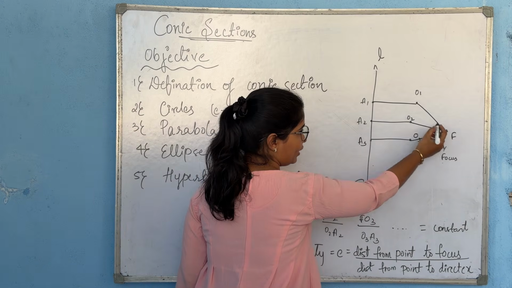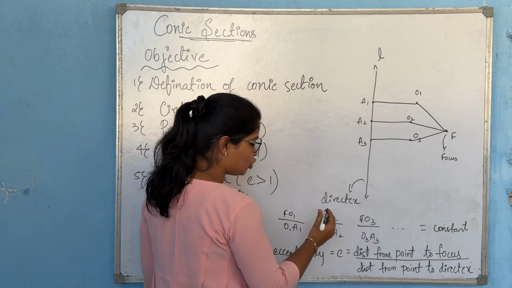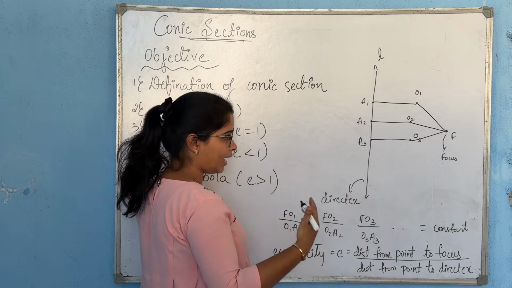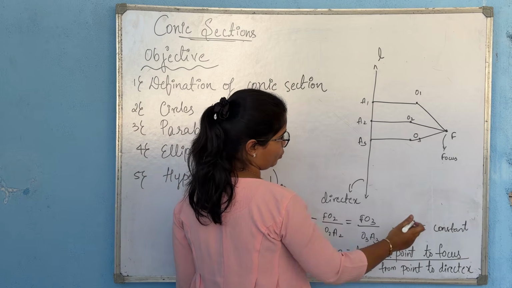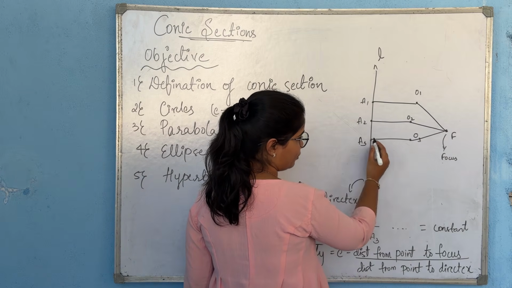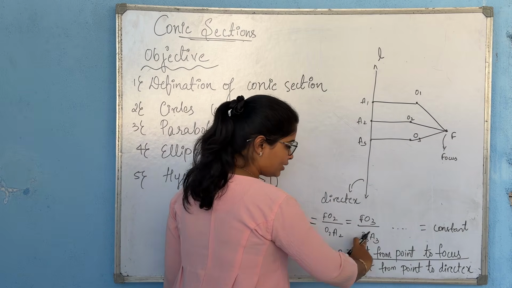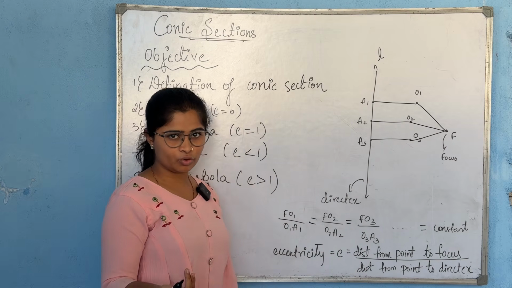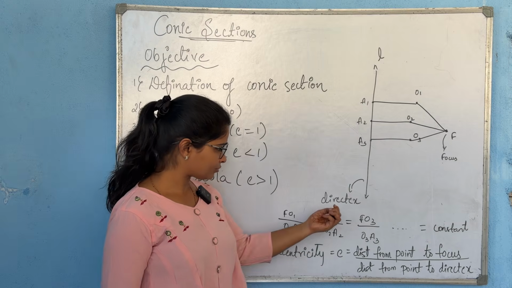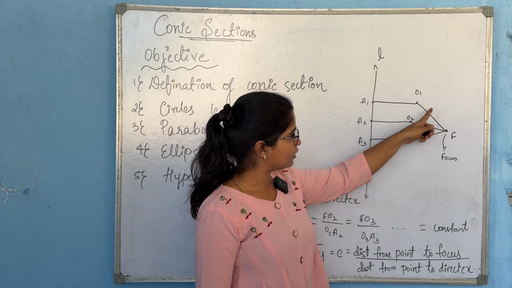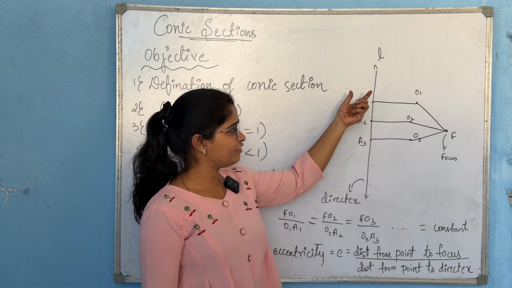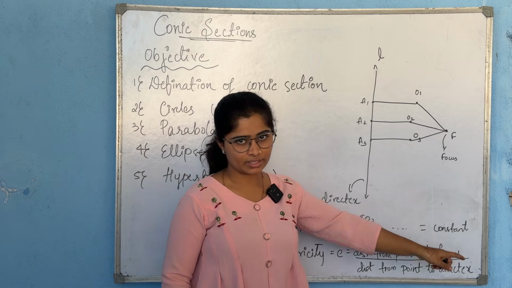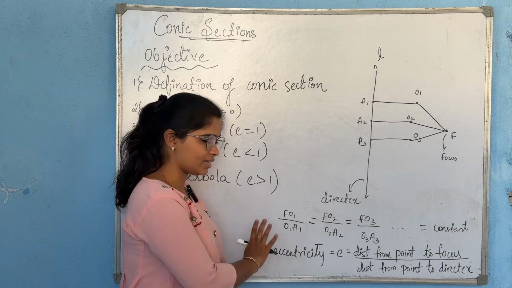That is, FO1 divided by O1A1 should be equal to FO2 divided by O2A2, and the same thing follows for all the other points, that is FO3 divided by O3A3, and all these ratios should be equal to some constant. That is what the definition of conic section says, that is the fixed point distance and the fixed line distance ratio should be equal to the same constant, and this constant is named as eccentricity.